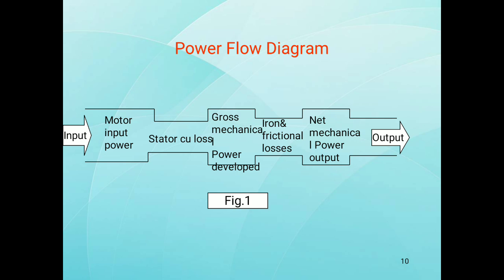After that, gross mechanical power developed. Then losses are iron and friction losses. After that, finally we get the net mechanical power output.